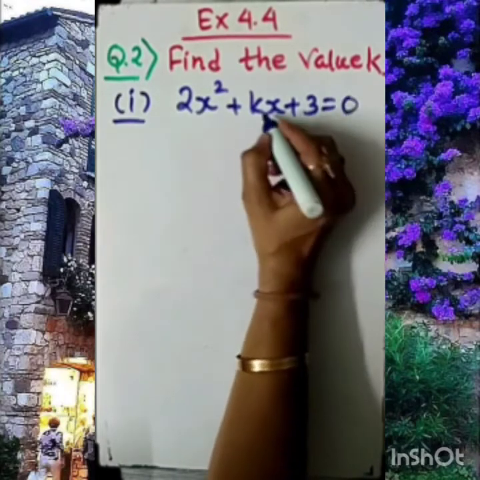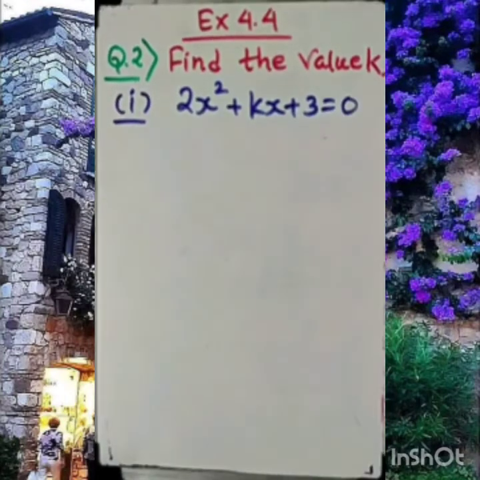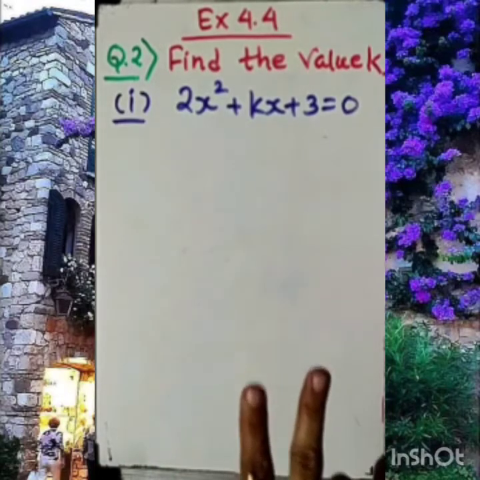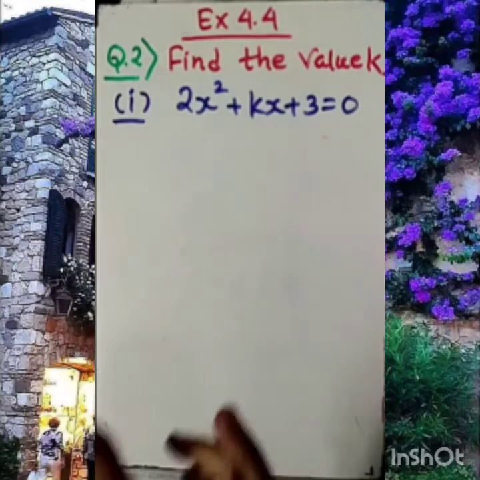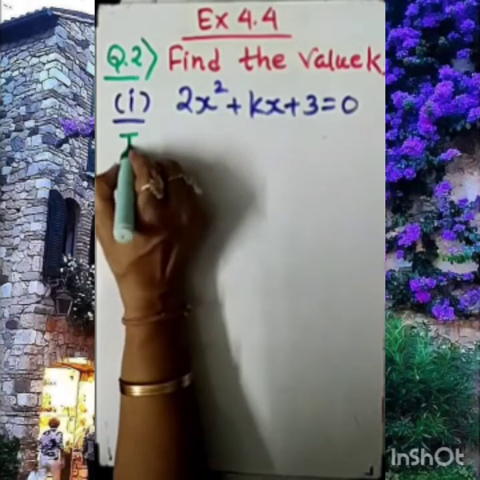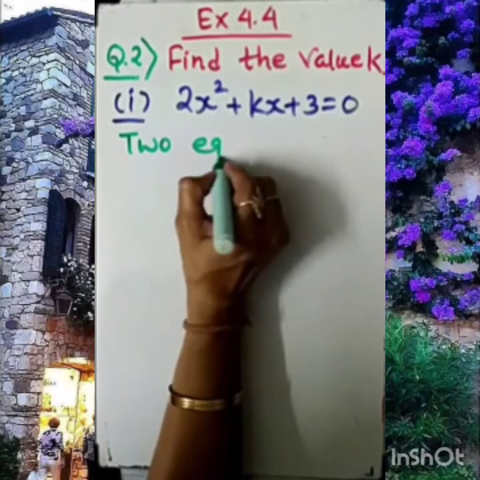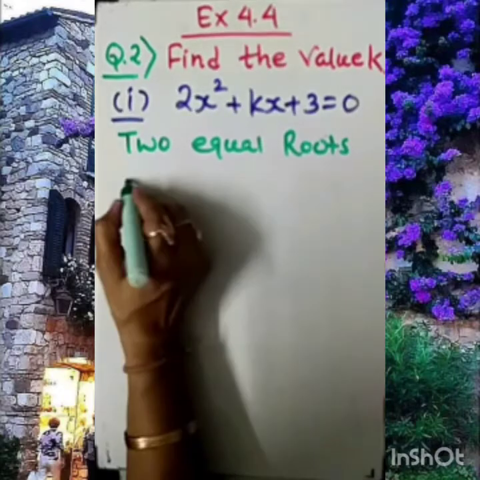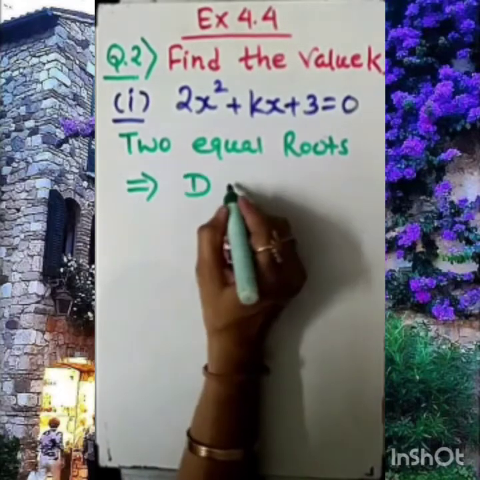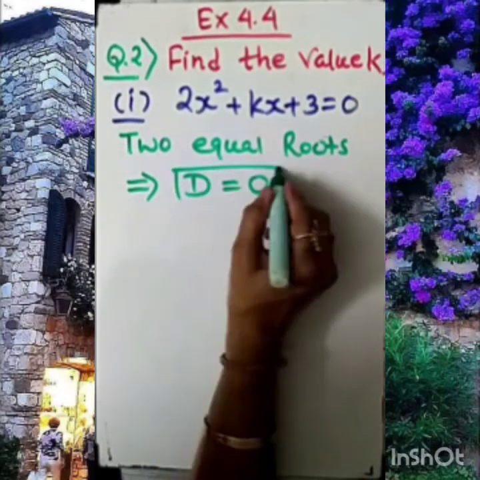Now, how to find the value of this k here? In the beginning only, they have asked us that the quadratic equation should have two equal roots. Please, dear student, remember, whenever two equal roots are there, that indicates that the value of the discriminant is equal to 0.